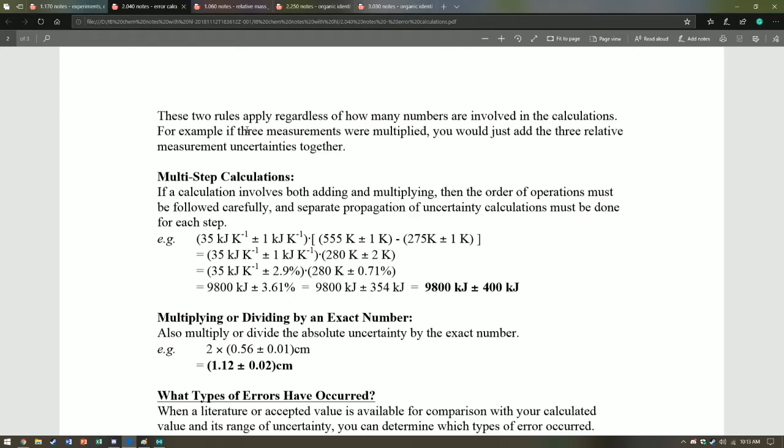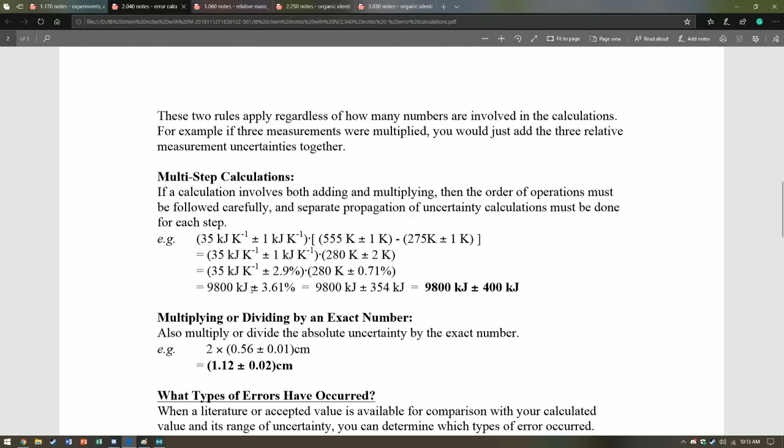Here we have a Q equals mc delta T calculation. Here we have 35.5 kilojoules, and you perform the subtraction first by PEMDAS, but note that you added the uncertainties because you have to do it one step at a time. Then we converted to relative uncertainties, added the relative uncertainties, and converted our relative uncertainty to an absolute uncertainty.